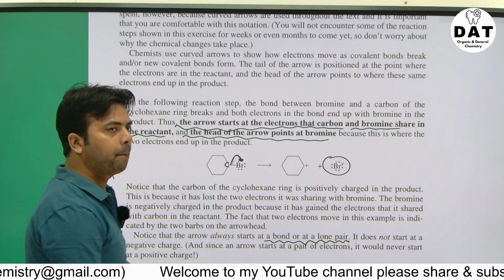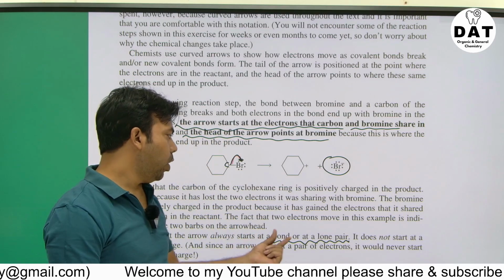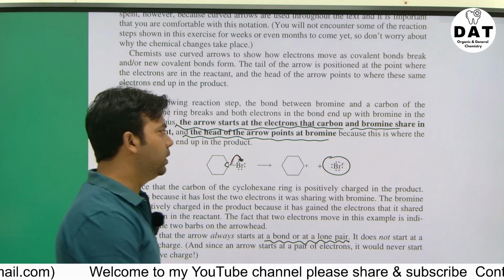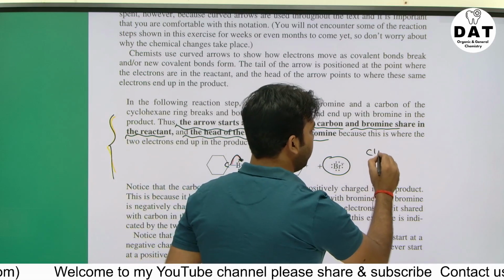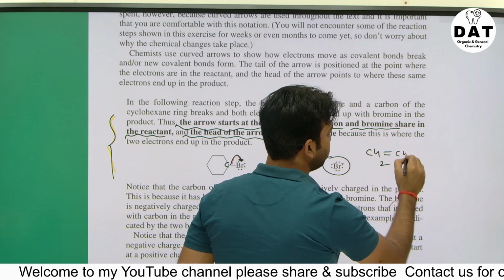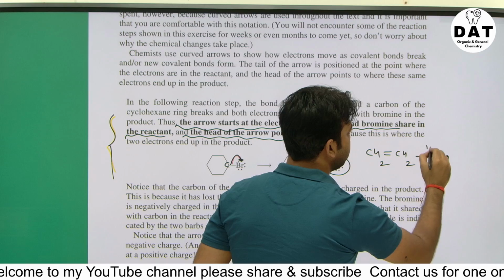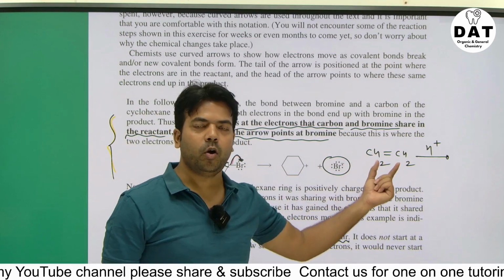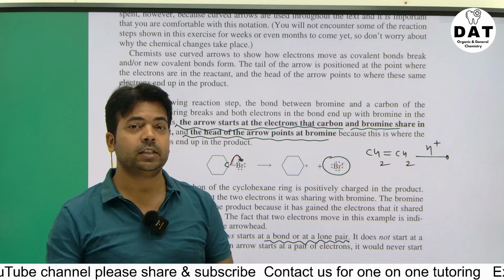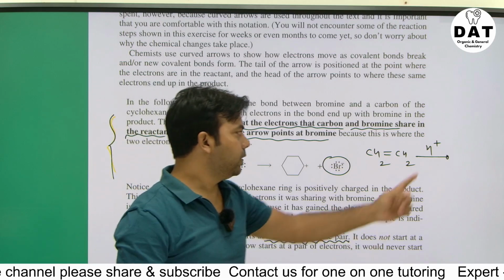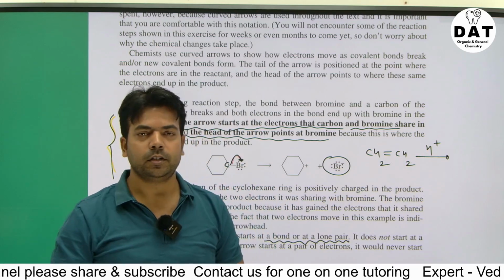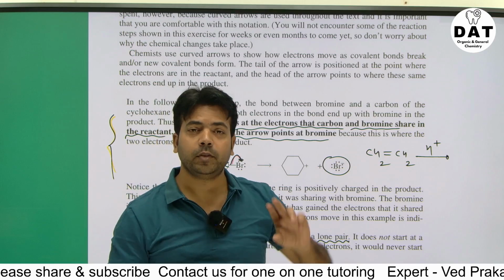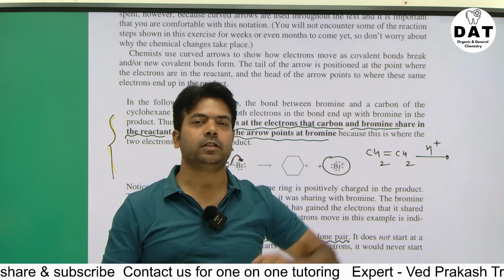Clear? At a bond or lone pair means, suppose you have a carbon double bond carbon and you have an H plus. Suppose like this. We all knew a double bond is electron rich, which is considered a nucleophile, and this H plus is electron deficient. So the arrow will start from the double bond towards the H plus.